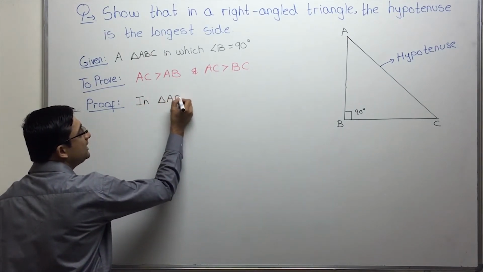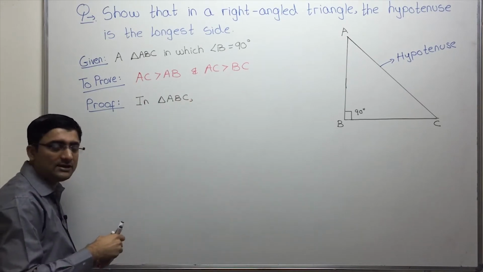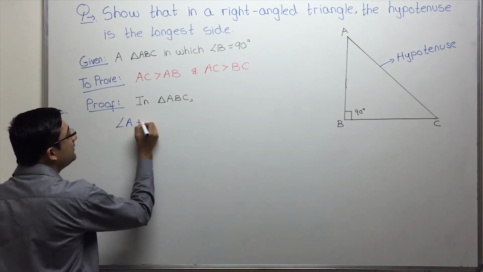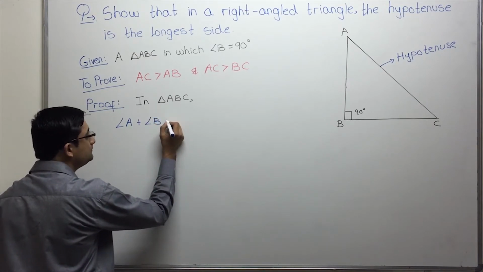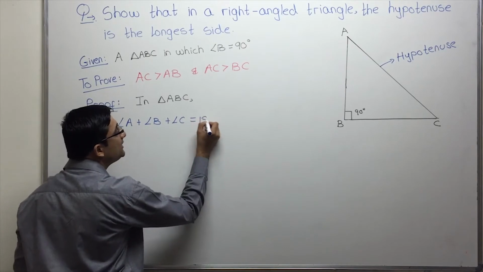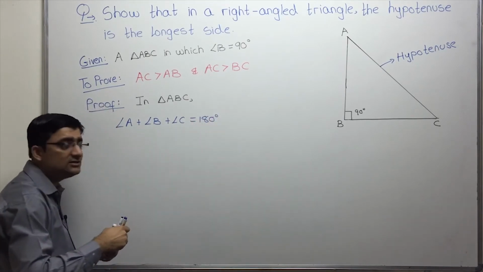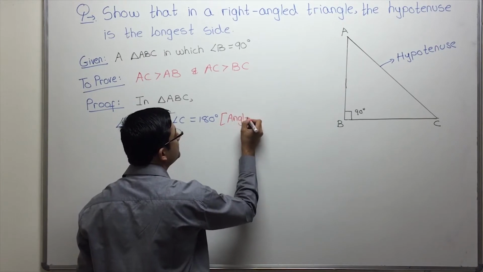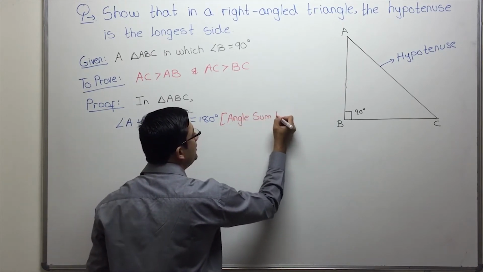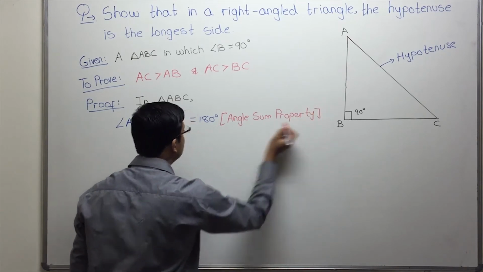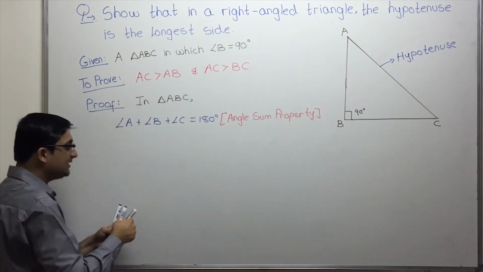So in triangle ABC, what does the angle sum property say? Sum of the three angles of a triangle is 180. So angle A plus angle B plus angle C is equal to 180 degrees. Why? Angle sum property. Now we already know the value of angle B, plug it in as 90.